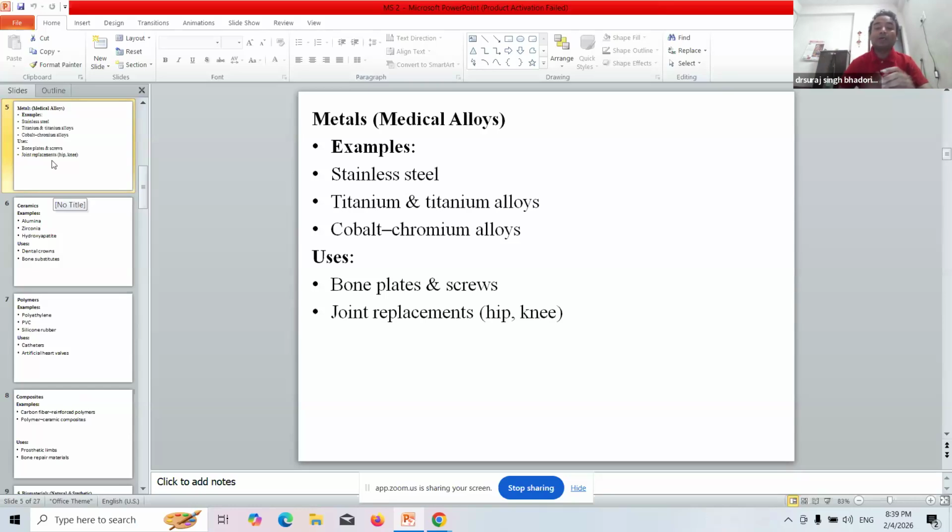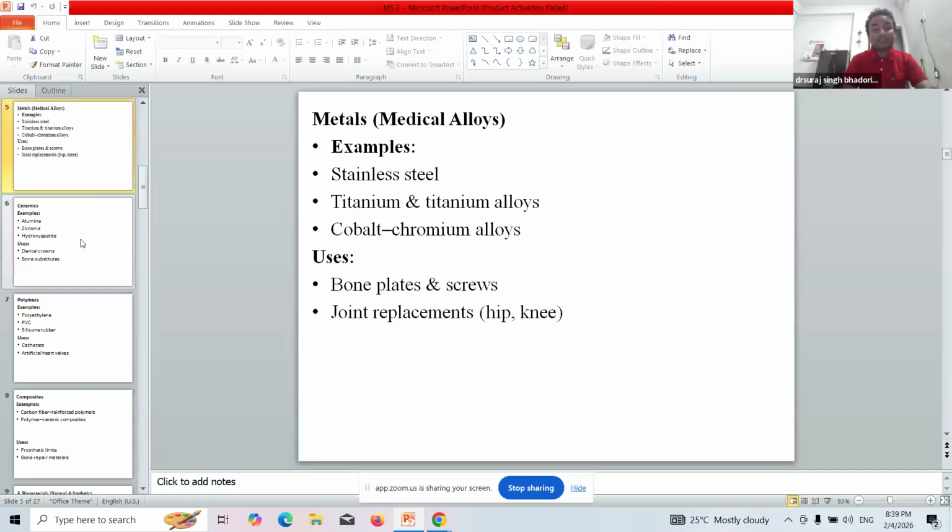When we talk about chronic osteoarthritis, rheumatoid arthritis, or any type of knee replacement therapy, hip joint replacement, because of the arthritis, because of the chronic condition, these materials are used for the replacement of that particular part. So this is a very important aspect of the use of material science.